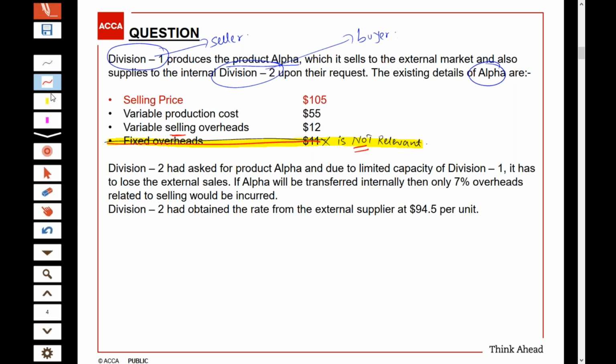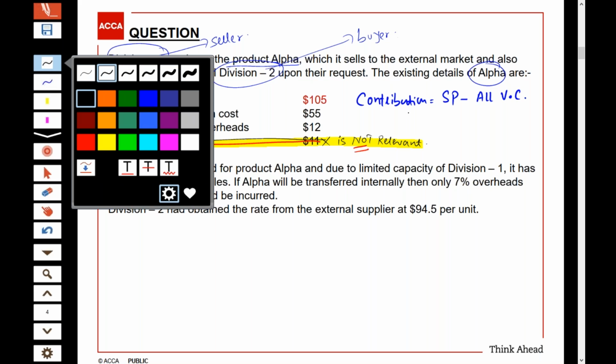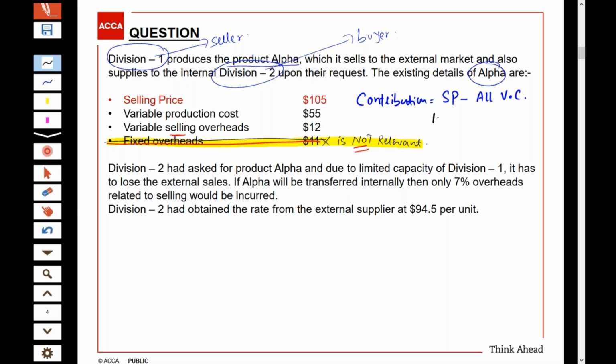Now see what I am doing. How will I calculate the contribution? The contribution is calculated as selling price minus all variable cost. What is the selling price? That is 105 minus 55 and 12.